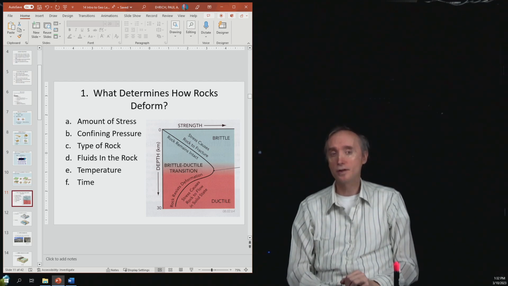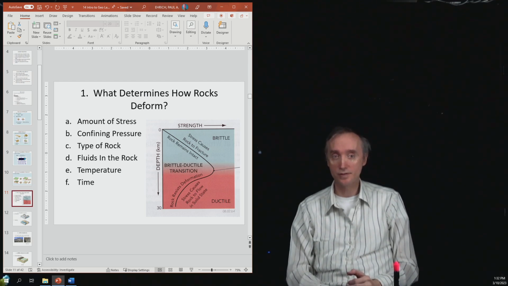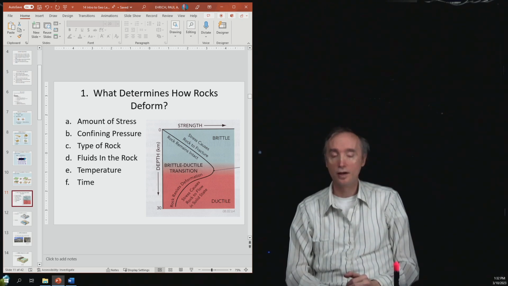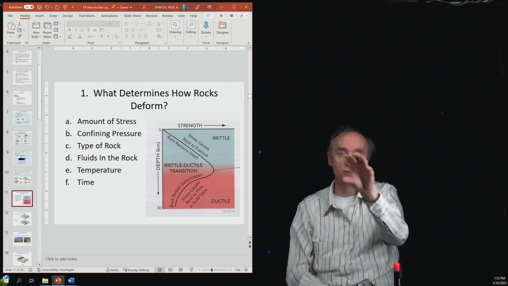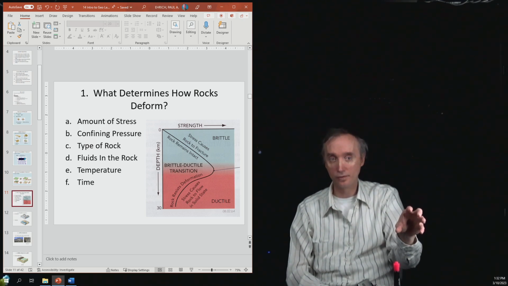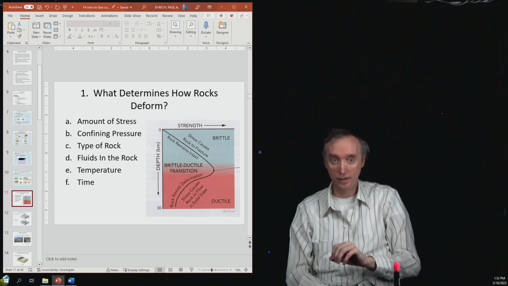It also depends on the amount of fluids inside the rock. They can also determine whether something is going to break or something is going to bend. For example, rocks that are being subducted into the earth have a lot of water in them.